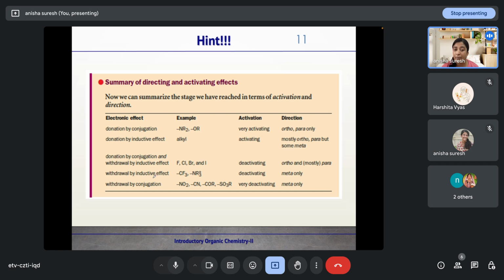And coming to withdrawal by inductive effect like CF3, NR3 plus etc., they are deactivating in nature and they are mostly meta only. And withdrawal by conjugation like nitro group, cyano group, COR, SO3R etc., they are very deactivating in nature and they give meta product only. So this is the table that you can memorize for electrophilic aromatic substitution reaction directing and activating effects.